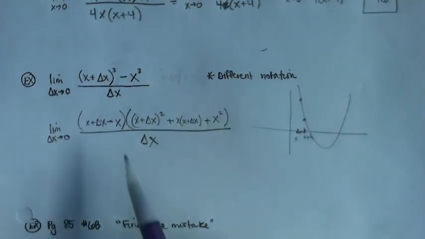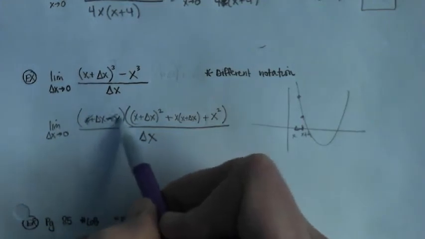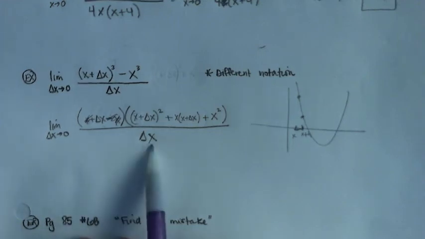So what happens here is, in our first term, x minus x cancels, leaving just a factor of the change in x. Do you follow? And that will now cancel with our denominator.